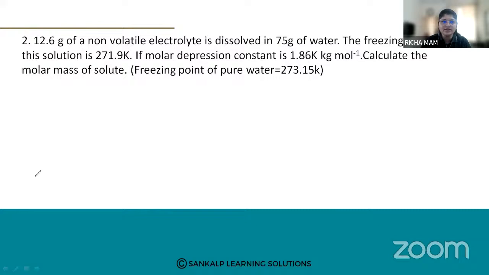So we'll see this one more time, this particular question. Weight of the solute is 12.6 gram. Weight of the solvent is 75 grams. Then what all is given? Molar depression constant, that is Kf, is given as 1.86 kilogram per mole.